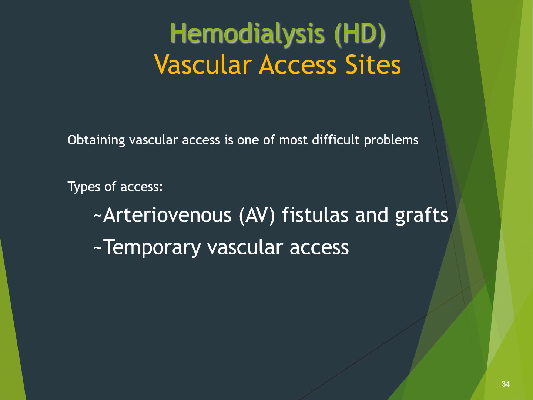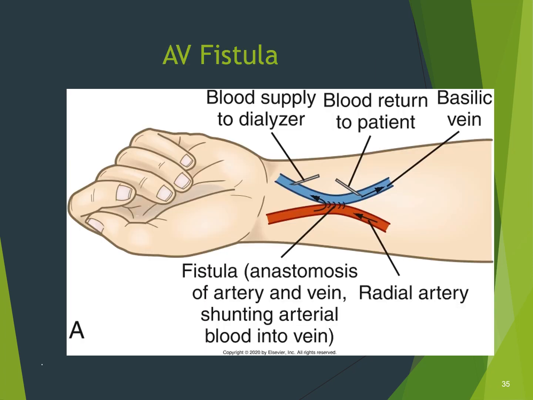There are some situations where immediate vascular access is required. So sometimes they will go emergently into the IJ, or internal jugular, or the femoral vein and put immediate access in there. This is temporary, and they usually will try to get some other kind of access later. So here's this picture of an AV fistula.